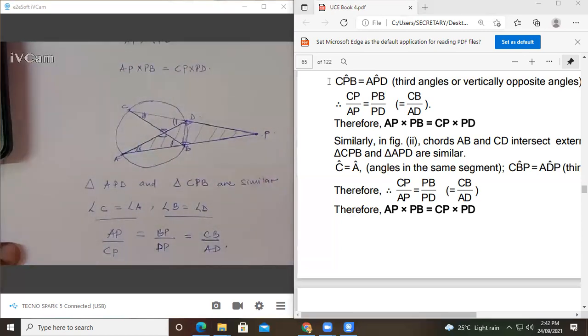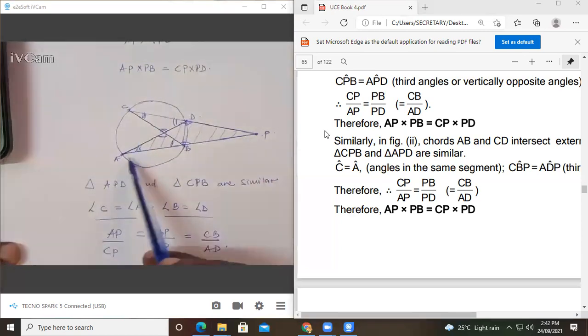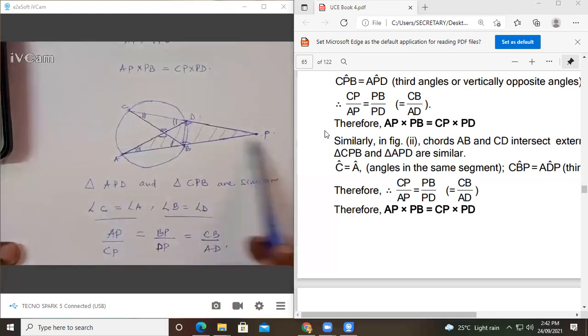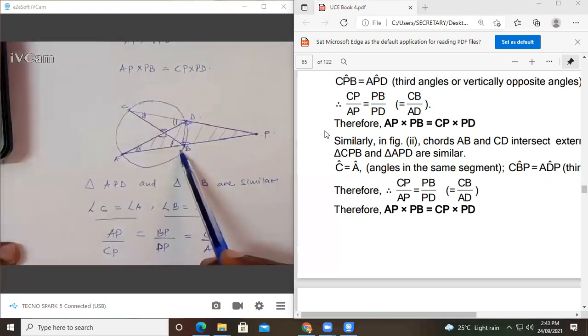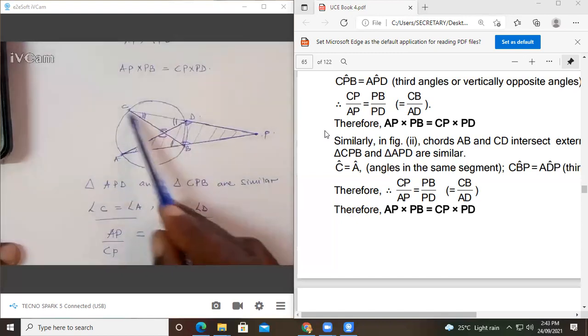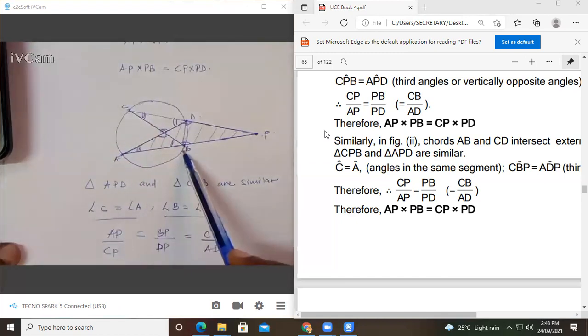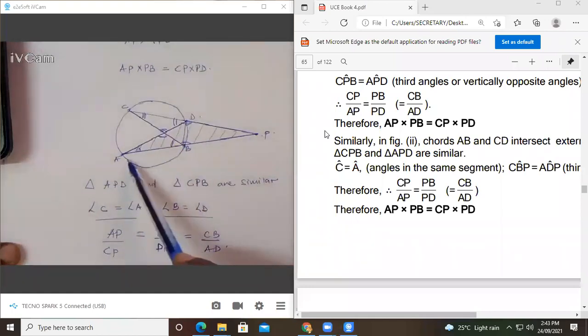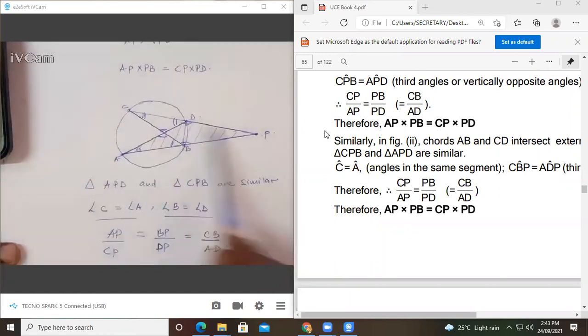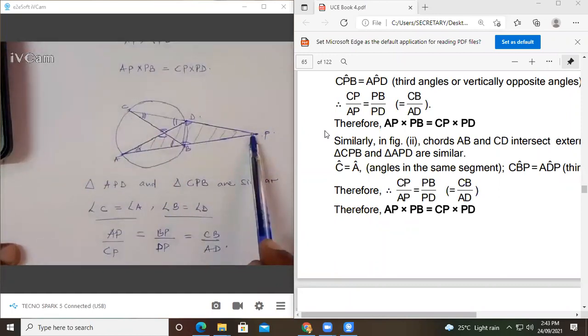So you shouldn't say AP over CB. That would be wrong, isn't it? Because this one is not a base of the second triangle. You understand? So if you have started using bases, then you say AP over CP. You get it? That is it.